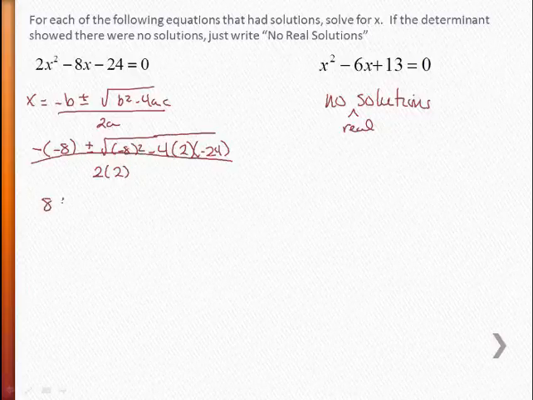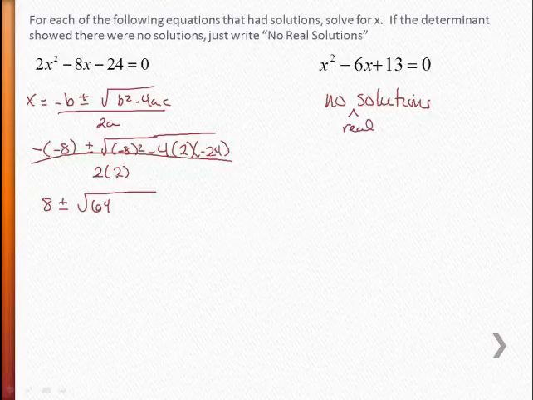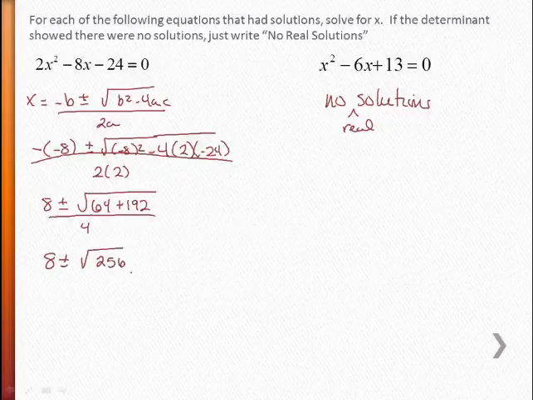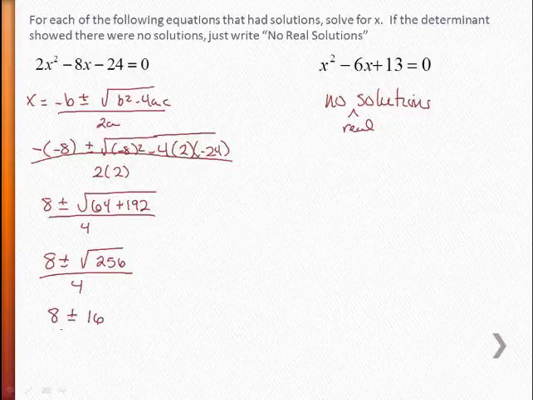So that gives me 8 plus or minus the square root of 64 plus 192 over 4. 64 plus 192 was 256. And the square root of 256 is 16. So I have 8 plus or minus 16 over 4.